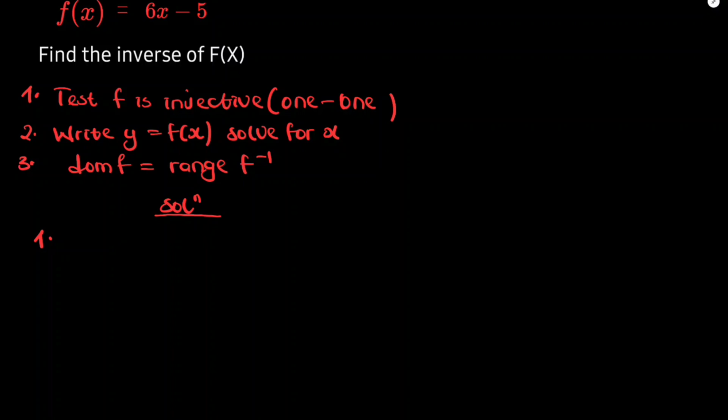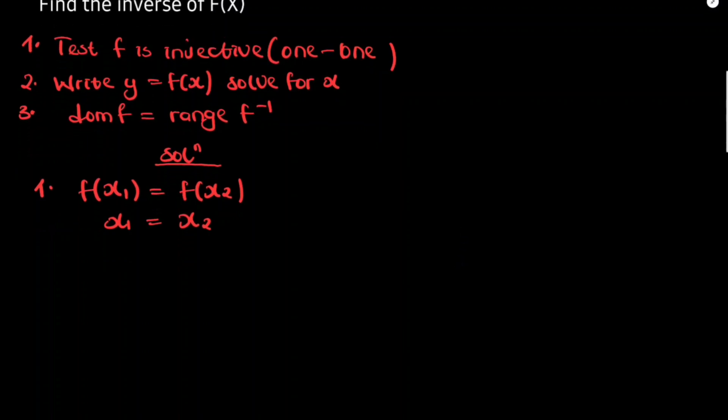For injectivity of functions, if f of x1 is equal to f of x2, then x1 should be equal to x2. So we are going to see how to do that. f of x is equal to 6x minus 5.